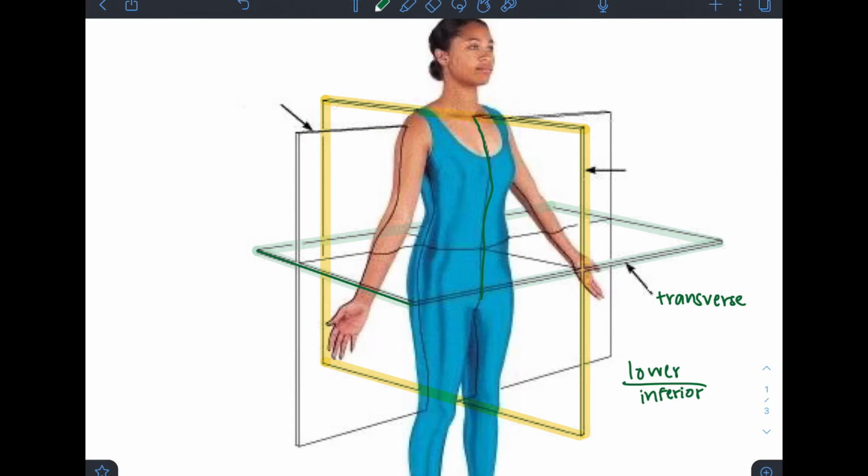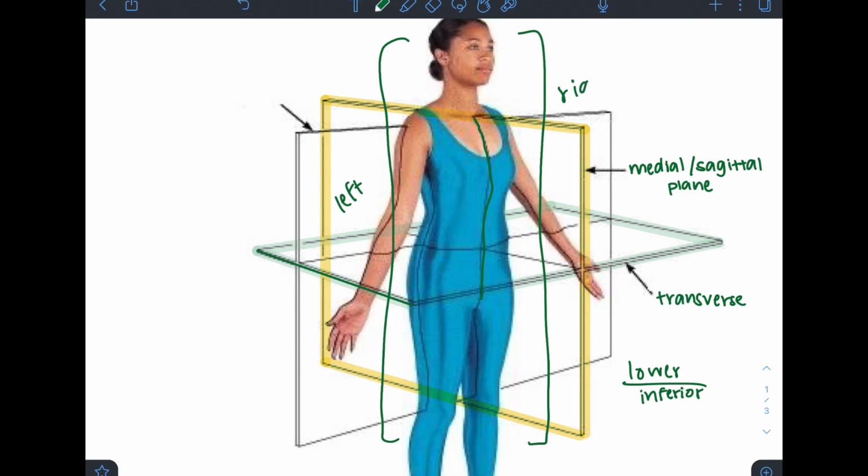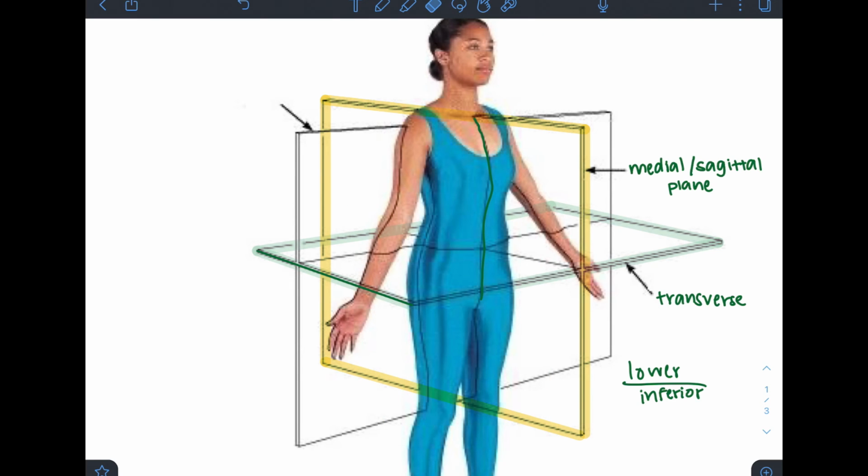This is going to be called the medial or sagittal plane. And as I mentioned, it divides us into the left and the right. So this side is the left, and this side is going to be the right, and it divides us directly in half using the medial plane.